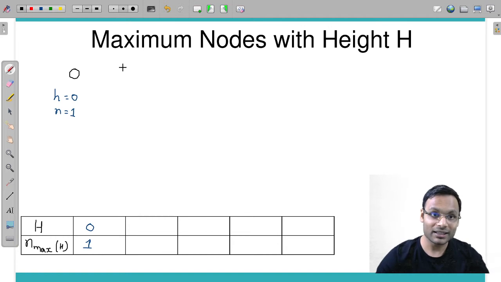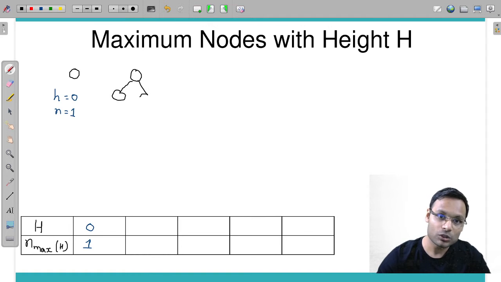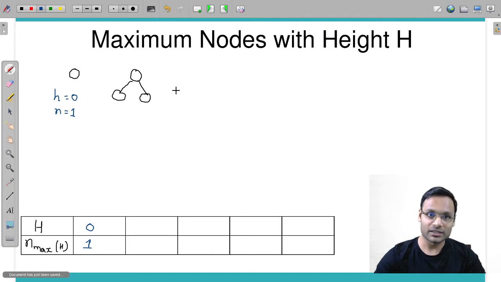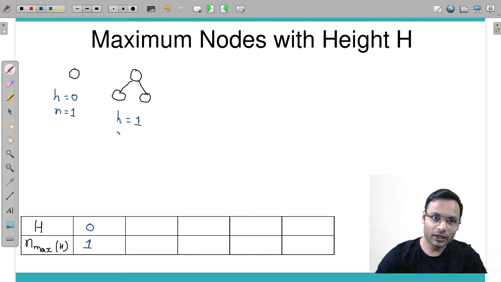If we are increasing the height and we want maximum nodes, it means the next level I have to make full. Maximum possible nodes is this. So height becomes 1, number of nodes becomes 3.